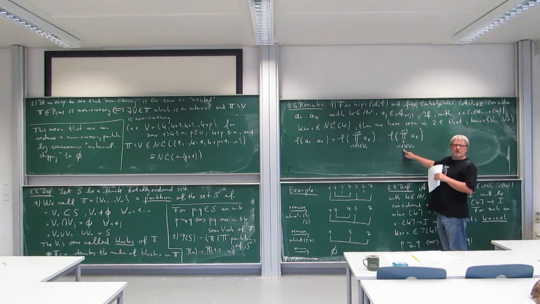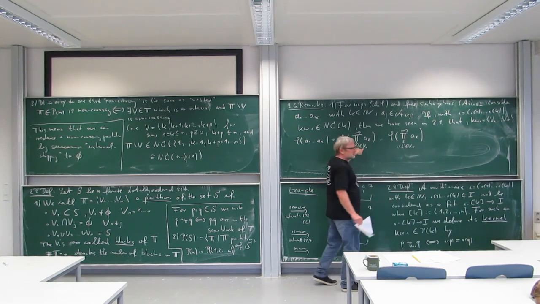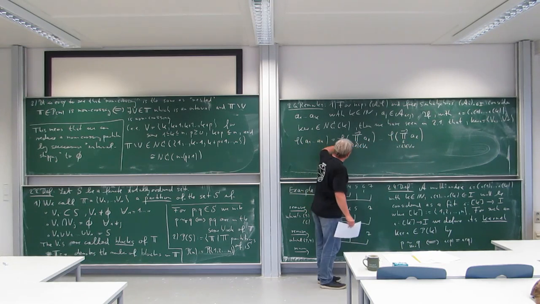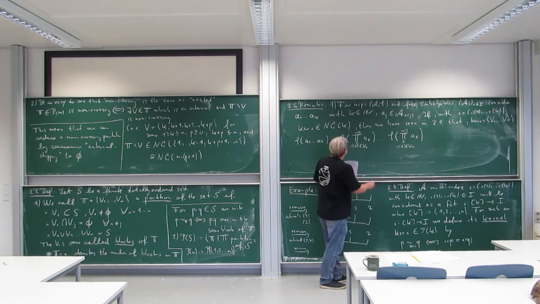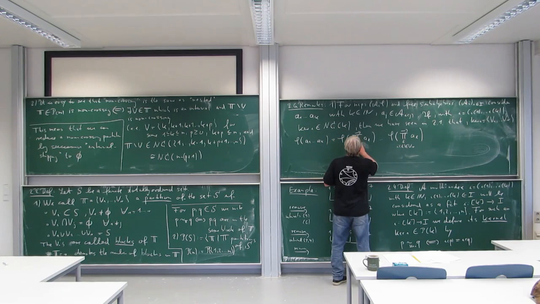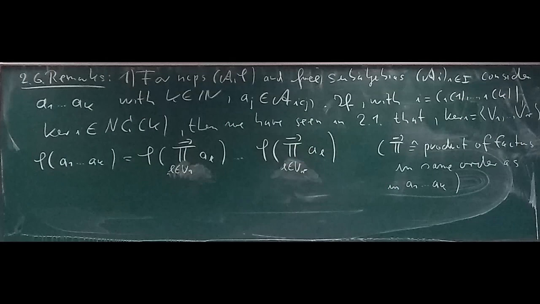Okay, is this the correct way of writing it? I'm not sure at the moment. So the V's are the positions. So the V's actually tell me the positions where I should multiply. So actually I should multiply here over all l in V1, and then the partitions of the positions.